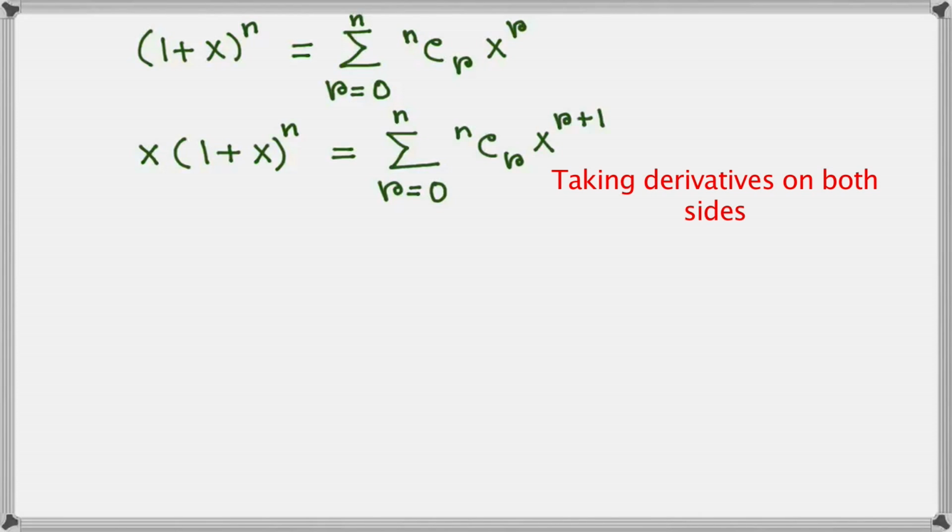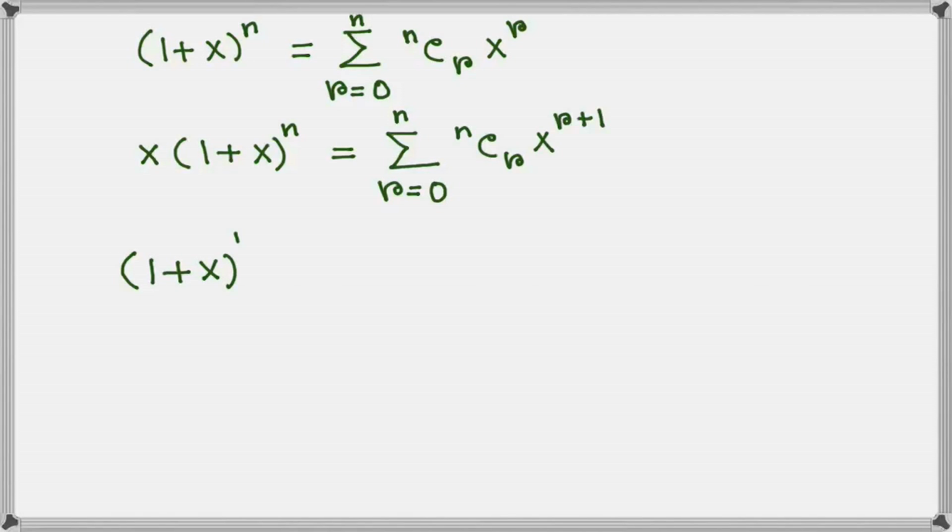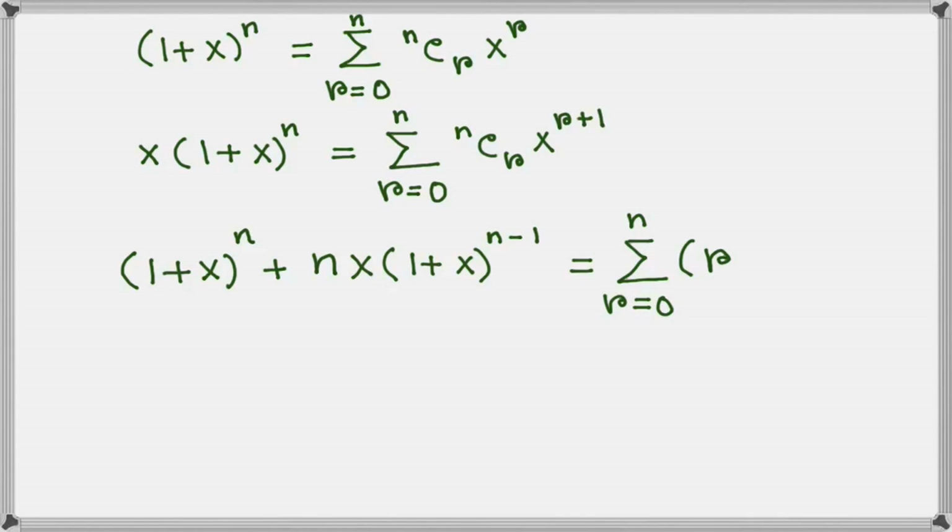By taking the derivative, we get (1 + x)^n plus n x (1 + x)^(n-1) is equal to the sum from r = 0 up to n of (r + 1) nCr x^r.